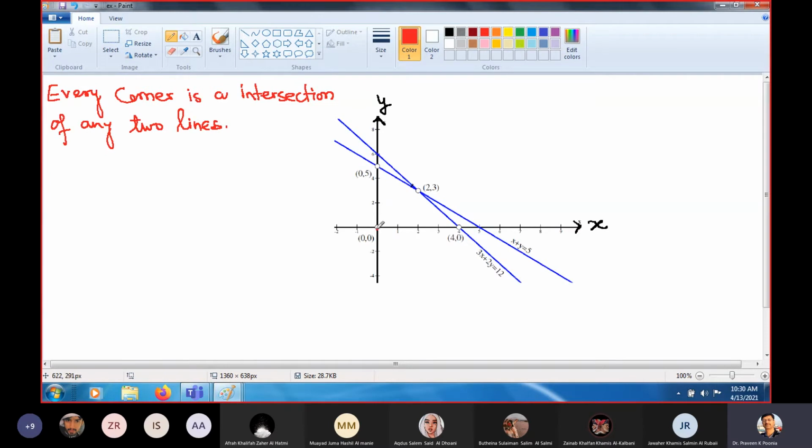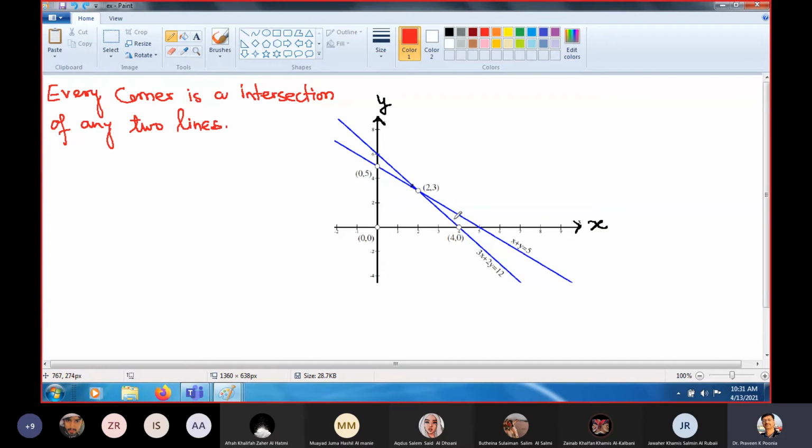Like you can see, if we search about this corner, it is the intersection of the x-axis and this line. If you search about this corner, then this is the intersection of this line and this line. If you search about this one, it is the intersection of this line and this line.